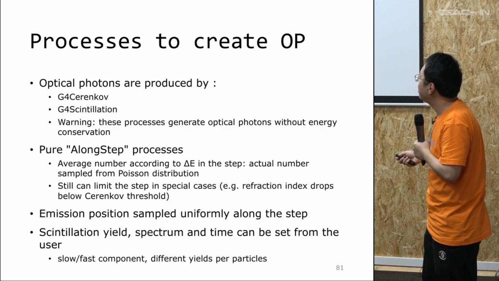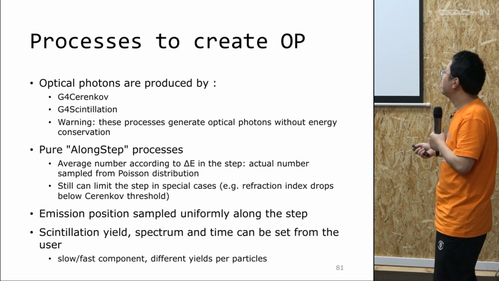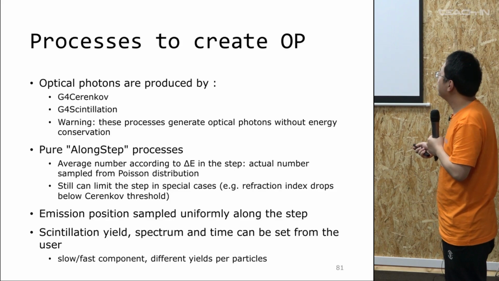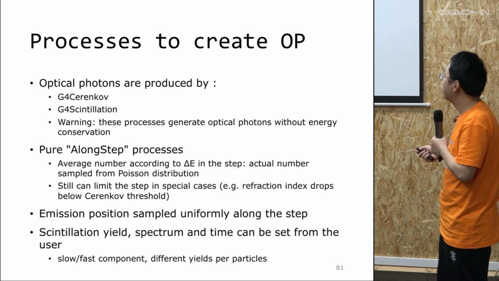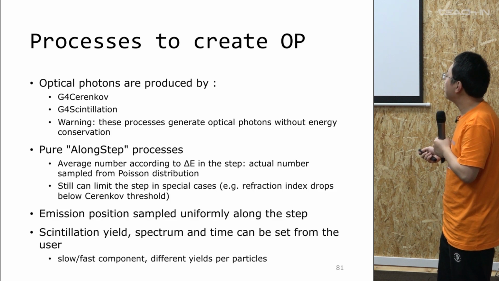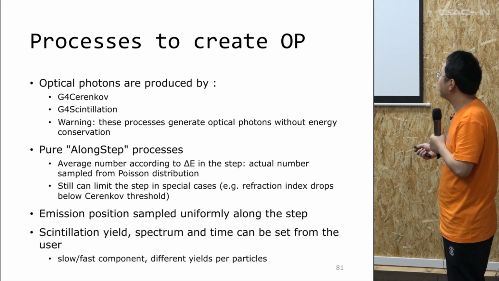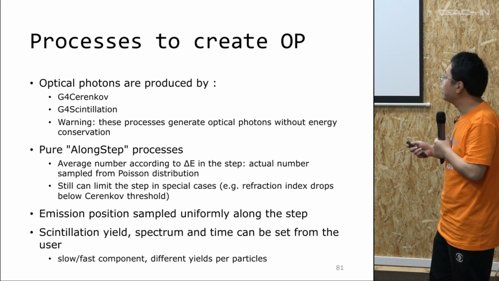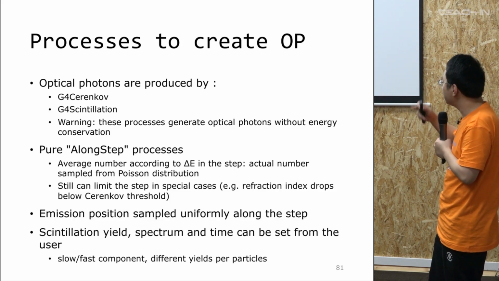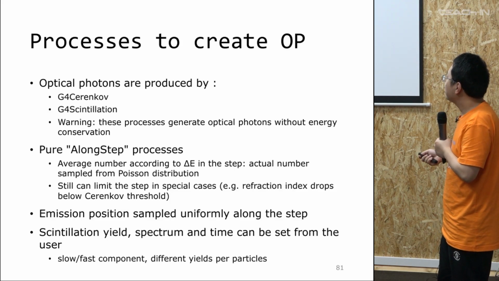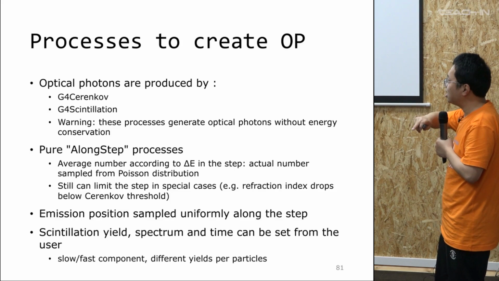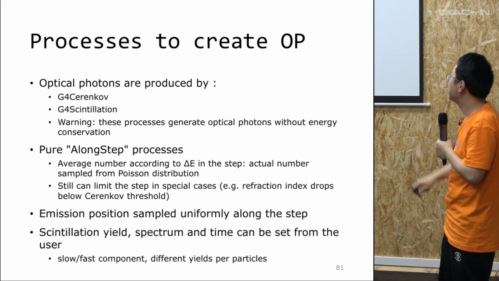There is some calculation based on the deposited energy in this step, and this number can be sampled from, for example, a Poisson distribution. There is also some special limitation: in the Cherenkov process, if the refractive index is lower than the threshold, then no photons will be created. Their positions are just emitted uniformly along the step.